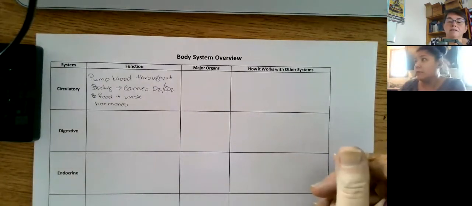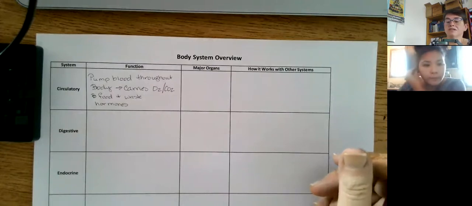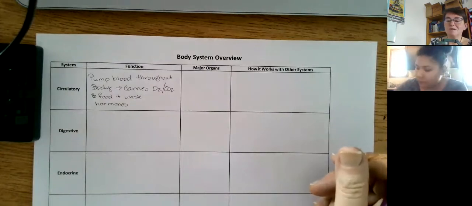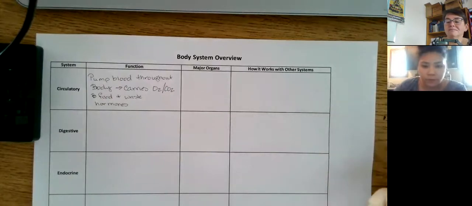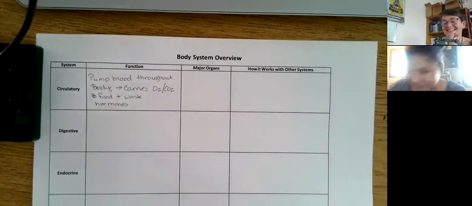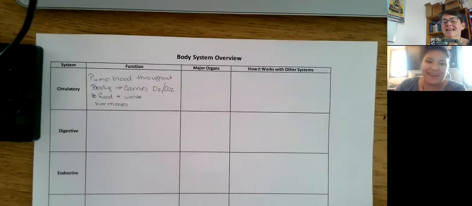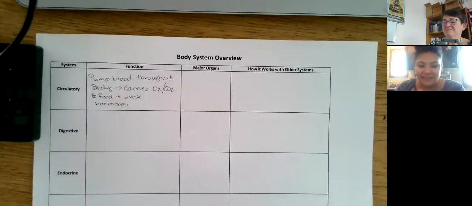Major organs of the circulatory system. Mary Lynn, what's the biggest one that we need for the circulatory system? Your heart, I'm going to say. Yes. Don't overthink these. Honestly, I think for this section of the exam, everybody's going to be fine.